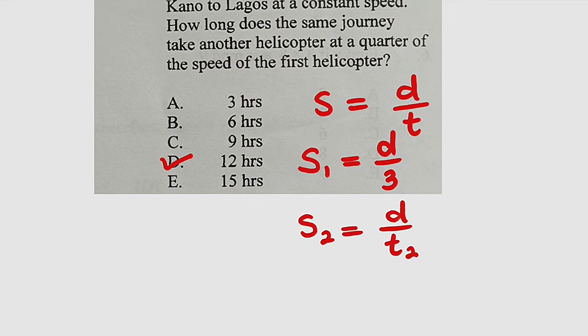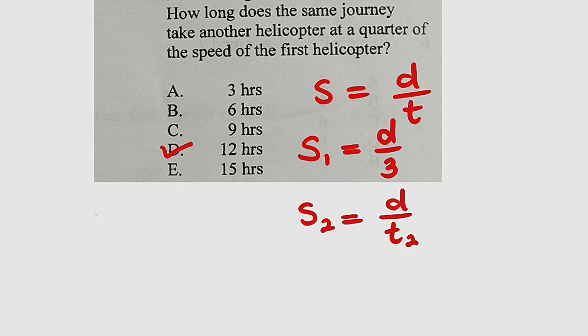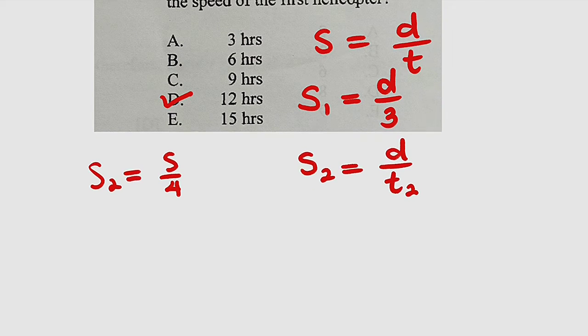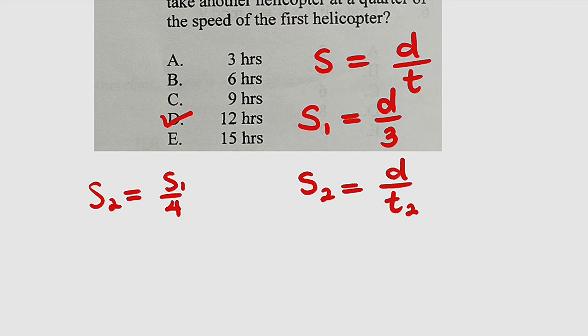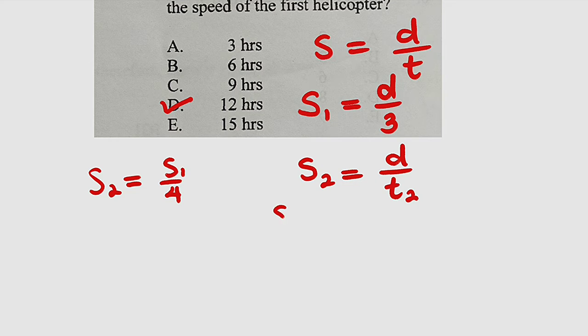But according to the question, this S2, the speed number 2, is a quarter of the first speed. So S1 divided by 4. Remember that this is S1, sorry. So instead of S2, we have S1 divided by 4 equal to D divided by T2.